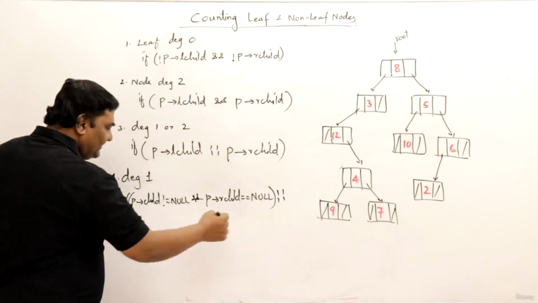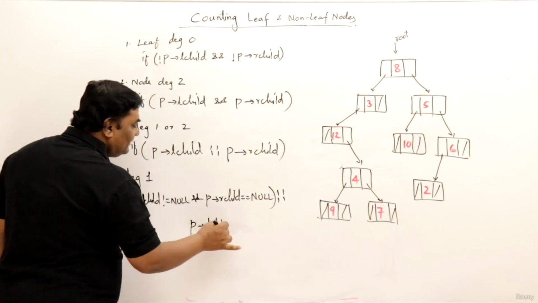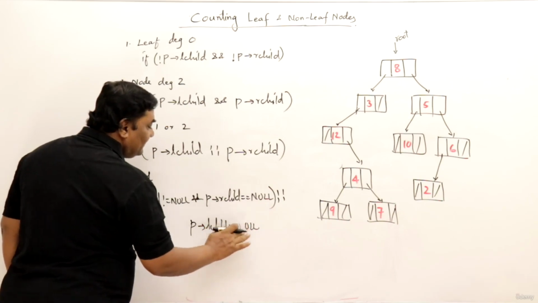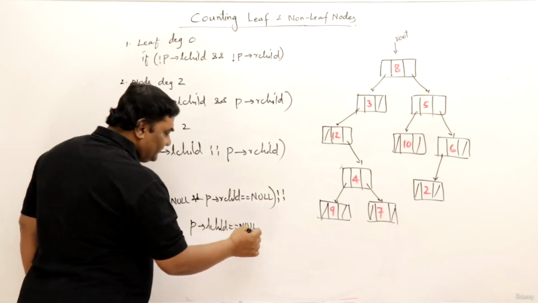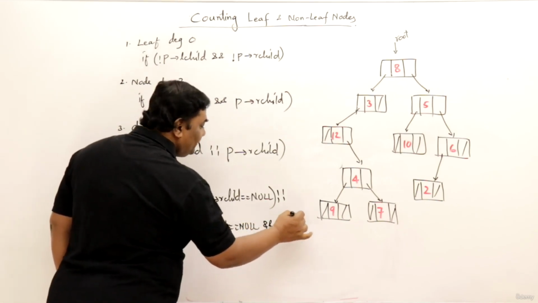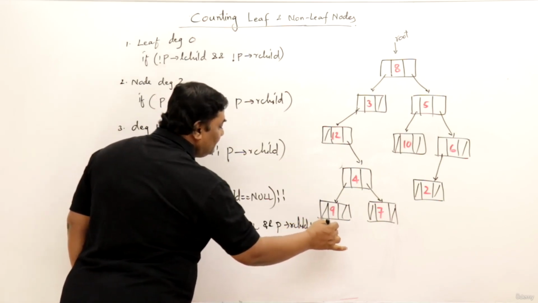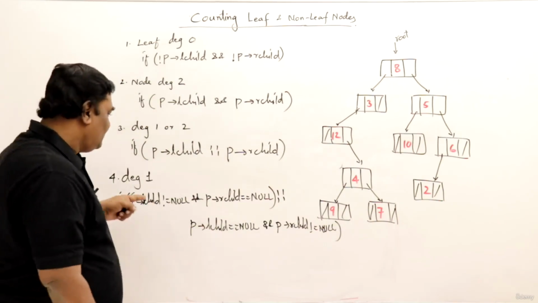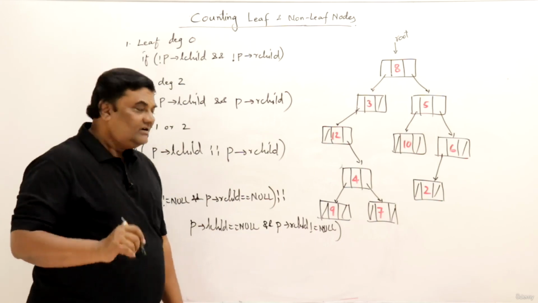So in the next line I will write P's L child is equal to null. Earlier we have written not equal to null, so now it is equal to null, and P's R child should not be equal to null. This is how we can write the condition for exactly one child, that is degree 1.